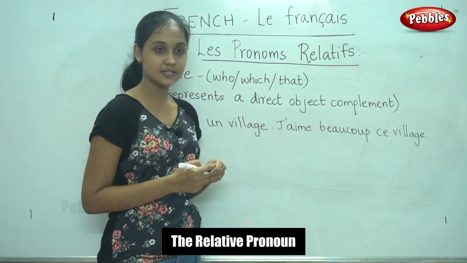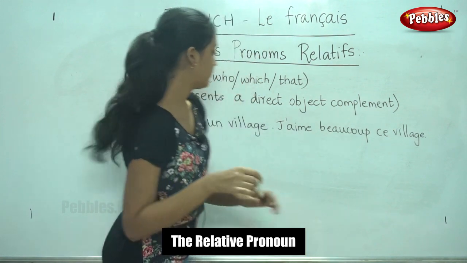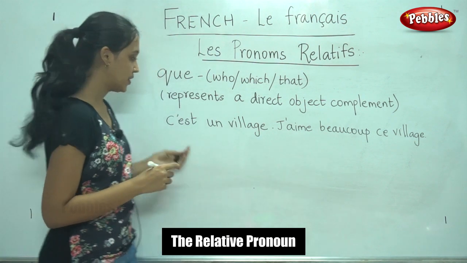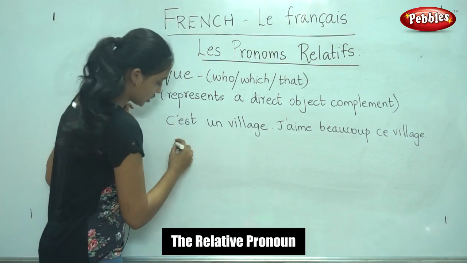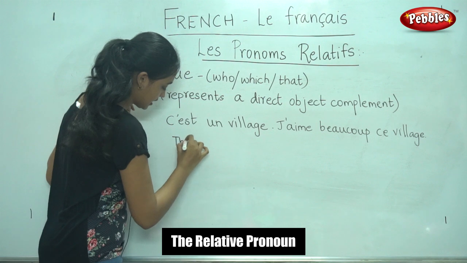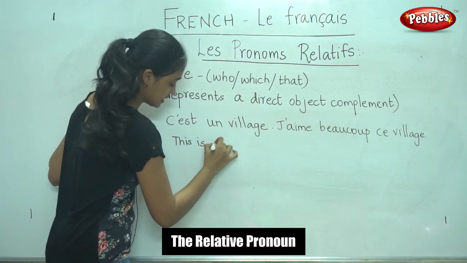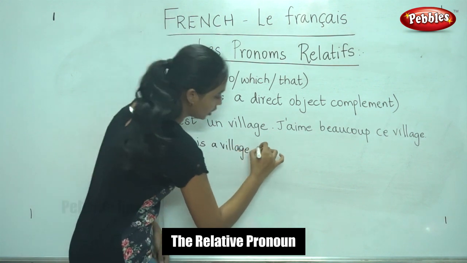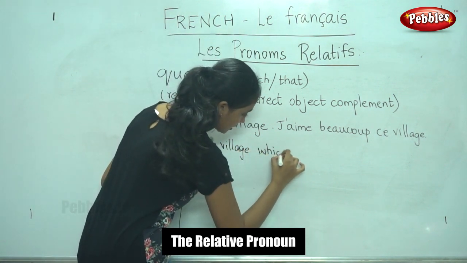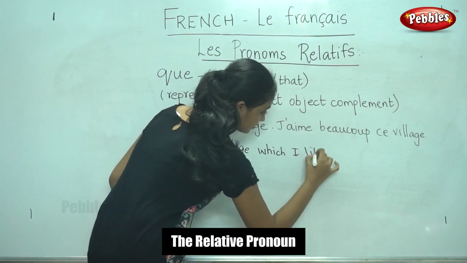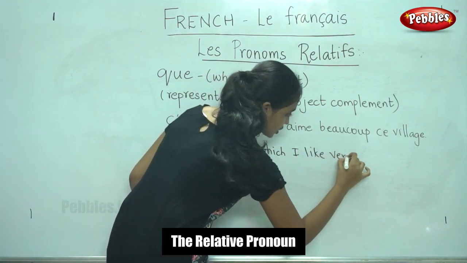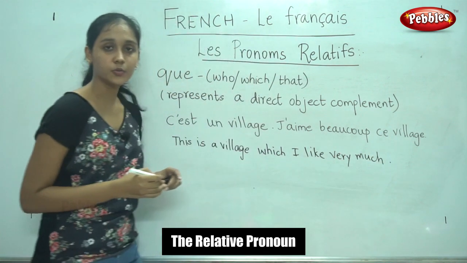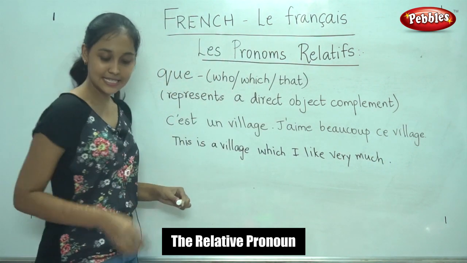So, I like this village very much. So, how would we join these two sentences? So, if you write it in English, you would say, this is a village which I like very much. Am I right? So, this is how you would join these two sentences.